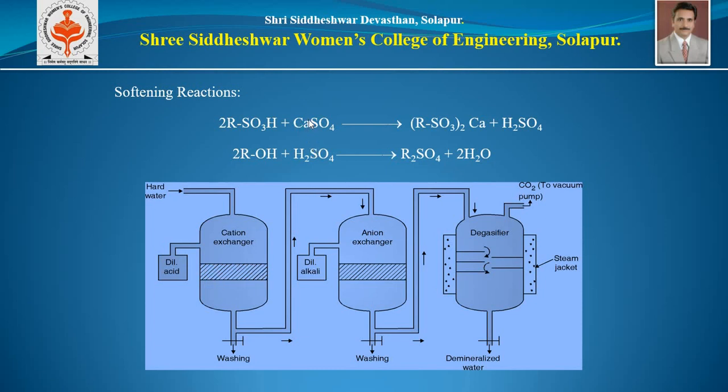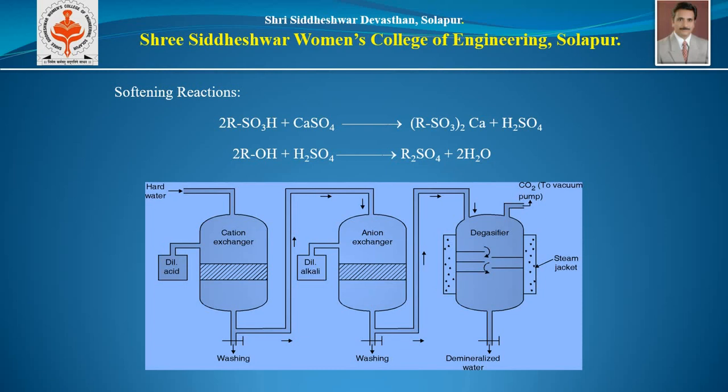The cation of the salt exchanges with the hydrogen ion of the resin, and the water containing SO4 and the replaced hydrogen, that is water containing H2SO4, comes down. Then this is passed into another column, the anion exchanger, in which we have filled anion exchange resin.